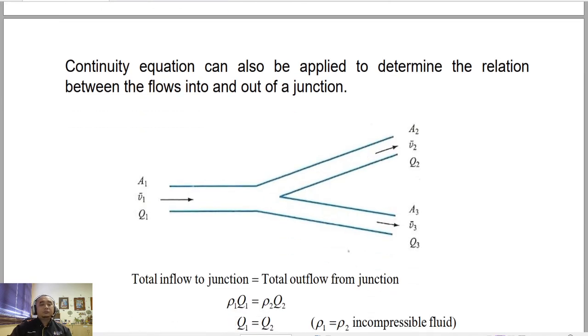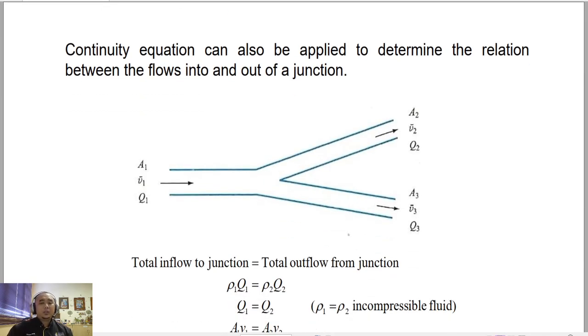Okay, continuity equation can be also applied in determining the relation between the flow into and out of the junction. So sekarang kita akan apply continuity equation konsep kepada this situation. So kita tahu ini adalah Q in. Okay, ini Q in. Dan bahagian ini adalah Q out.